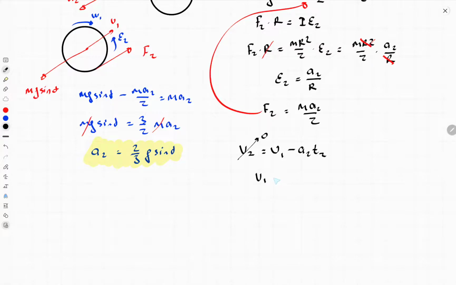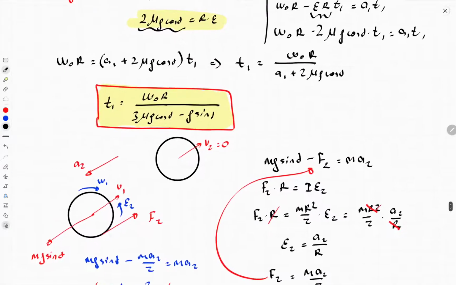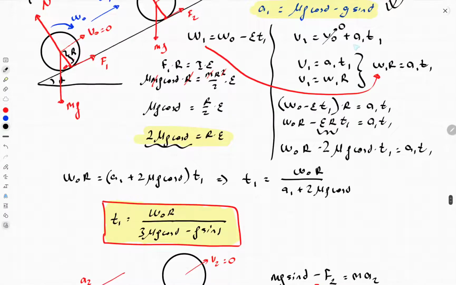So we can say that v1 equals a2 t2, and a2 is given here. And what is v1? v1 is the initial velocity for the not slipping process, but at the same time it's the final velocity for the slipping process, sliding motion, which is actually equal to a1 t1, as you see here. v1 equals a1 t1.